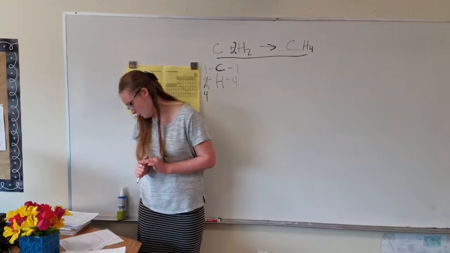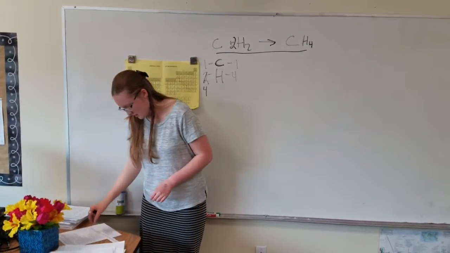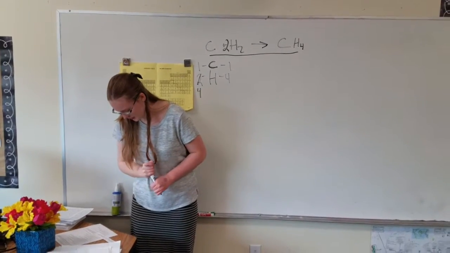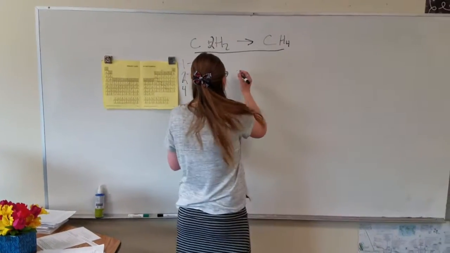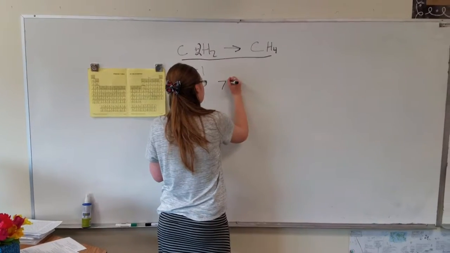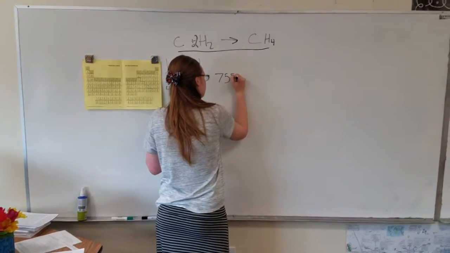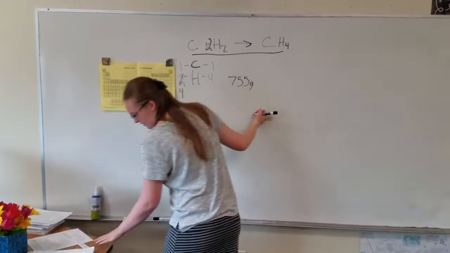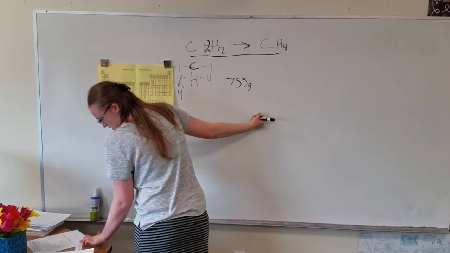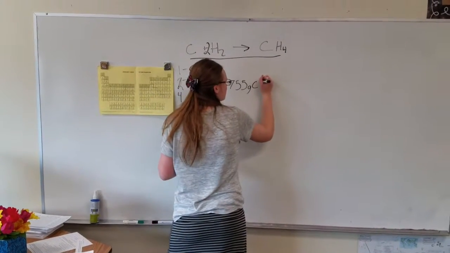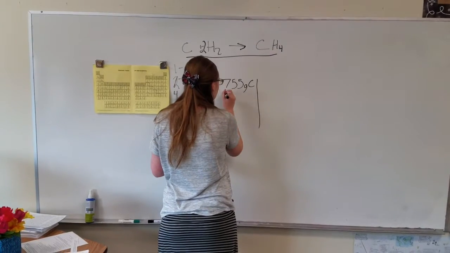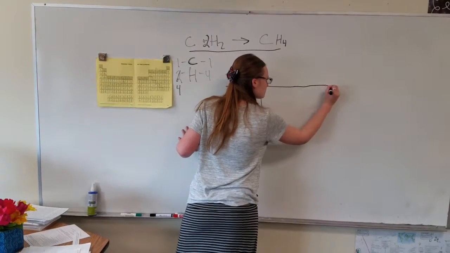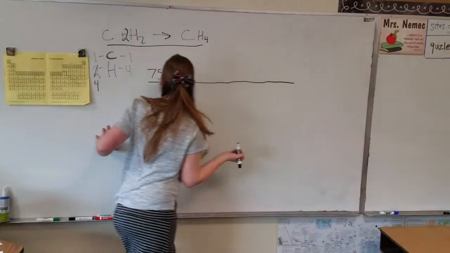Okay, so now that we have our equation that we can draw our ratios from later on, we can start with the actual problem. Carbon has 755 grams to begin with. Let's stretch this out because we don't know how long.